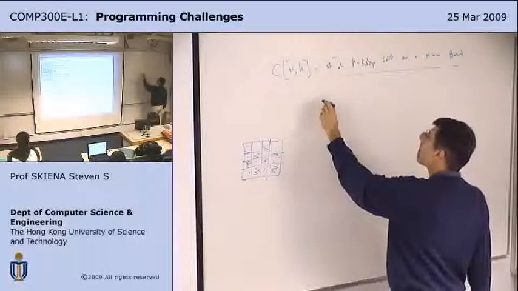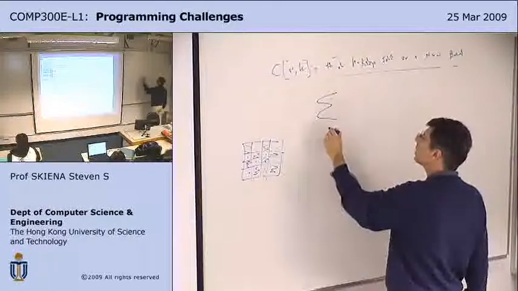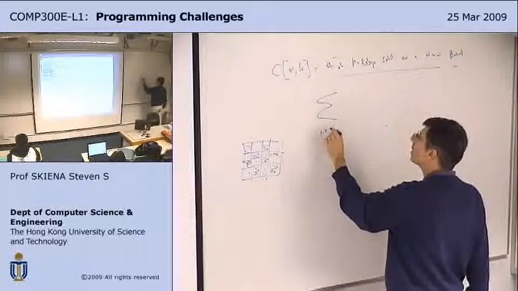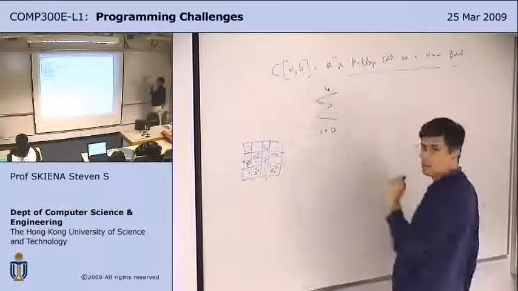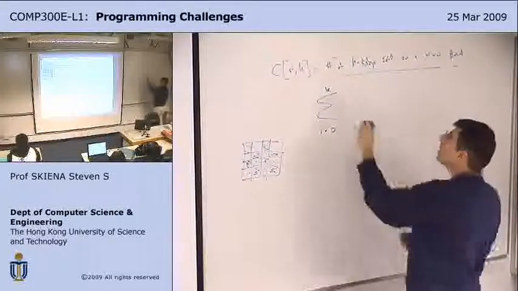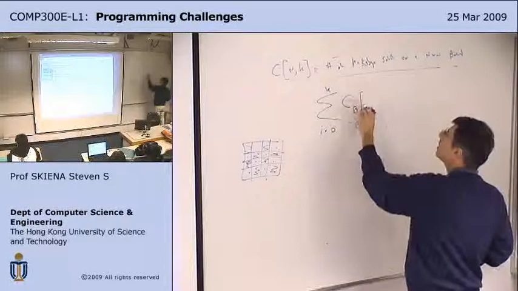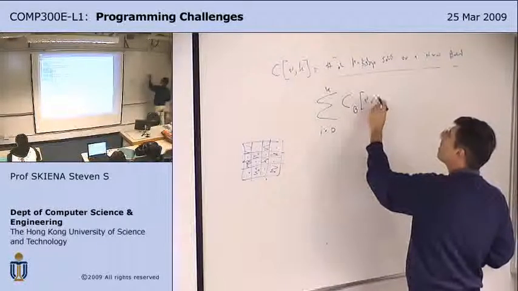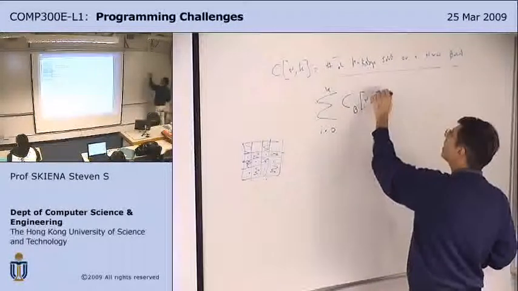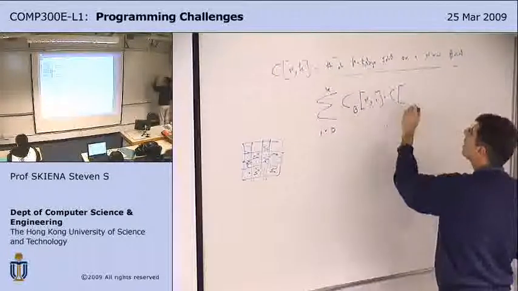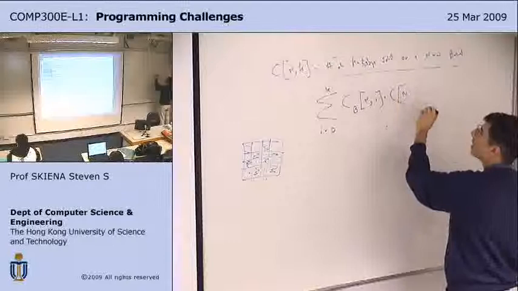I think it's going to be something like this: the sum as I goes from 0 to k of C black sub n comma I times C white sub n comma k minus I.